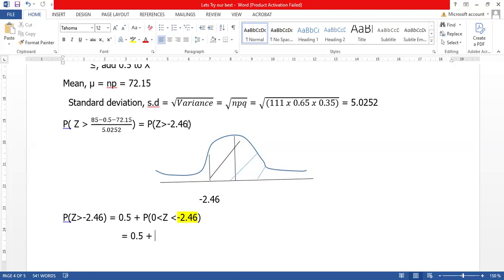Where are you getting your 5.025? Here, that one changed. Remember, we made some changes. Yes.